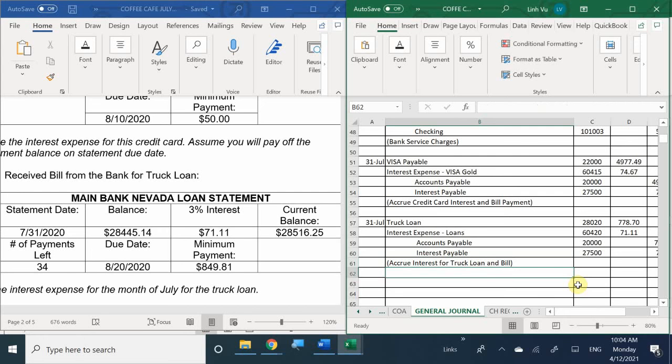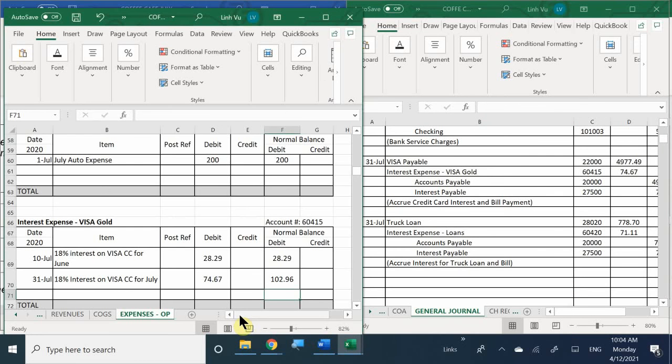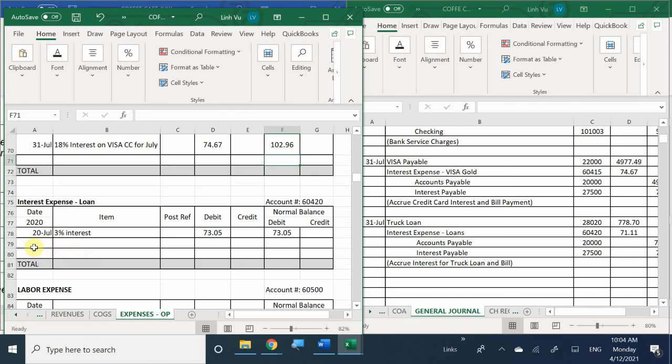Okay. So once again, I'm going to go to my ledger, and we're going to plug these numbers in. Starting with my expenses, here you go. First thing I'm going to recognize is at the end of the month, I'm going to be accruing 3% interest, which was $71.11.